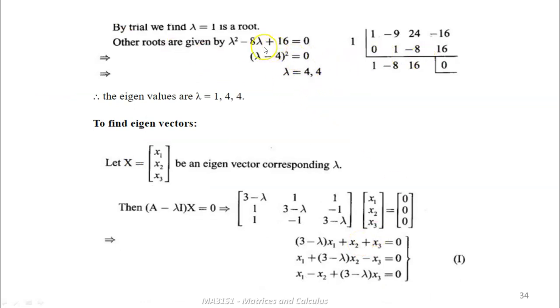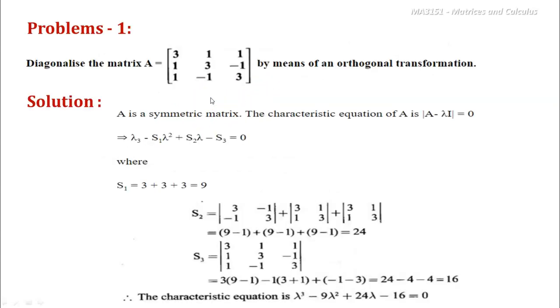After solving the characteristic equation by using the synthetic division method, we get the values of lambda as 1, 4, 4. 3 eigenvalues exist. Since the matrix is symmetric, the orthogonal transformation is applicable only for symmetric matrices.